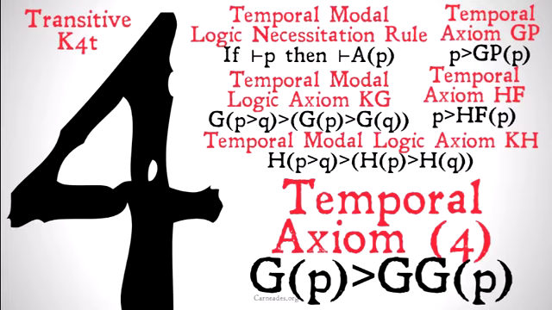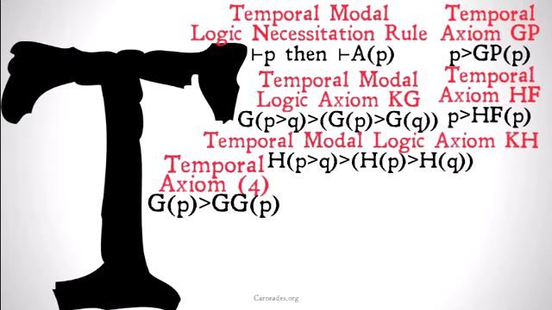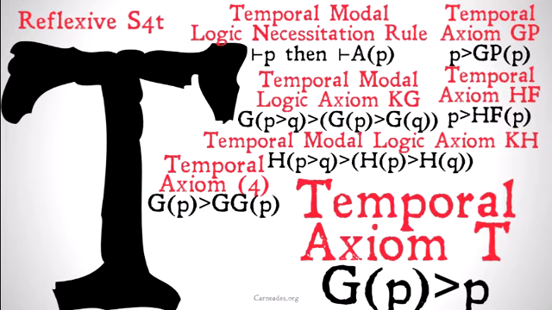And we're going to call that system K4T because it includes axiom 4 and adds axiom 4 to system K. Now, if we want our temporal logic to be reflexive, we're going to call it S4T, and we're going to include, alongside all of those other axioms, our temporal axiom T, GP implies P.